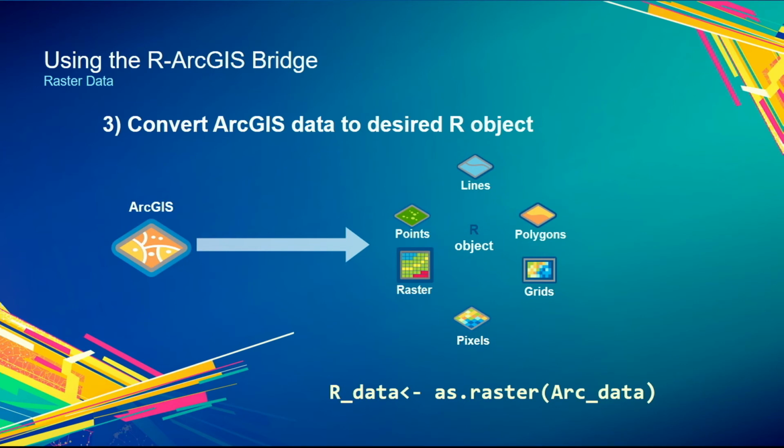There are others, but raster is the sort of leading one, right? So we have a converter to that raster object, and it's just as.raster. So when you as.raster, you pass in our arc.raster call, and it's going to convert it to that object for analytics.